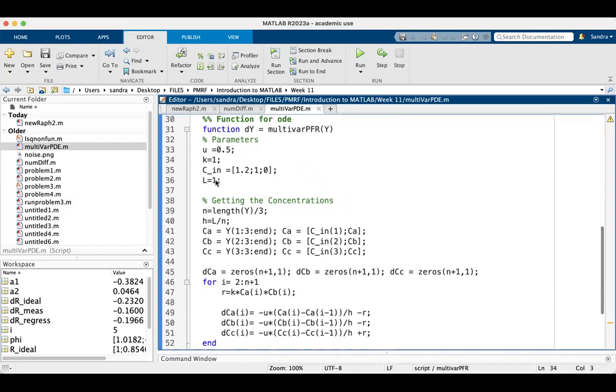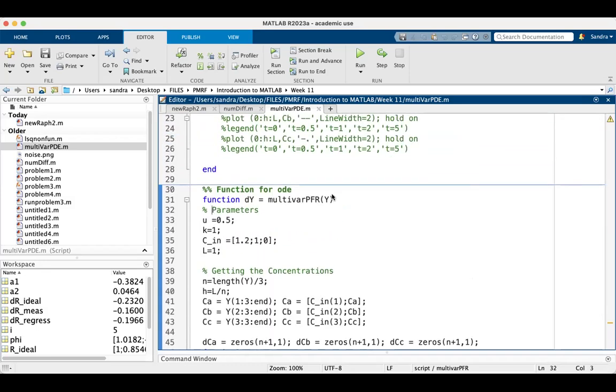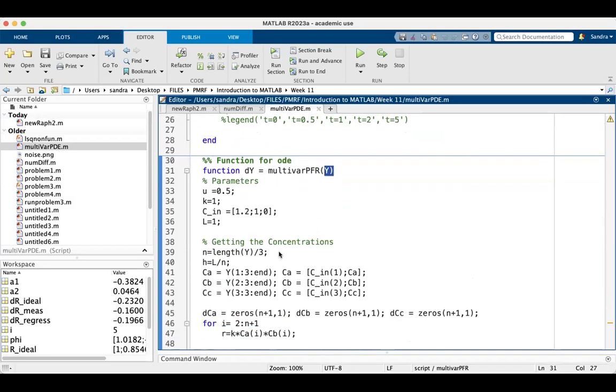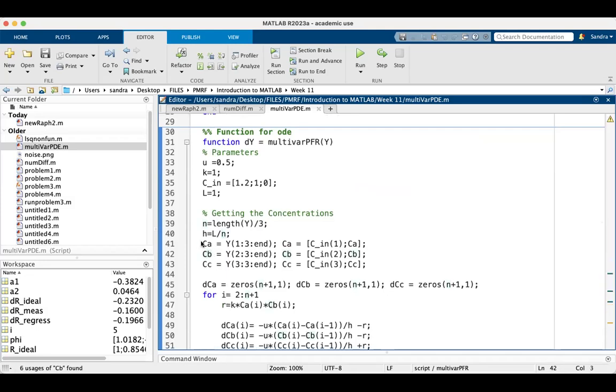Now the total length is 1. And now I have to calculate the intervals. The size is 3n, so to calculate the number of intervals I just divide by 3: 3n divided by 3 gives n intervals. H is nothing but the spacing, that is L divided by n. Now remember, in my y vector, CA, CB, CC were interleaved.